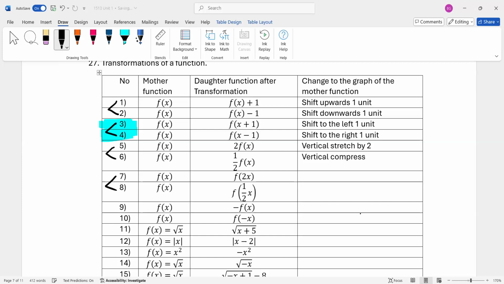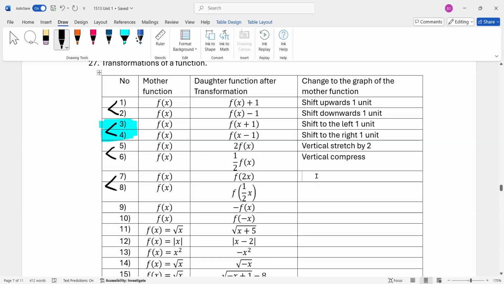Number 7, number 8. The treatment for number 7 and number 8 happens to x. Like this one, f of 2x, the daughter function. The 2 here is not multiplied with the y value. Instead, the 2 here is multiplied with the x value.